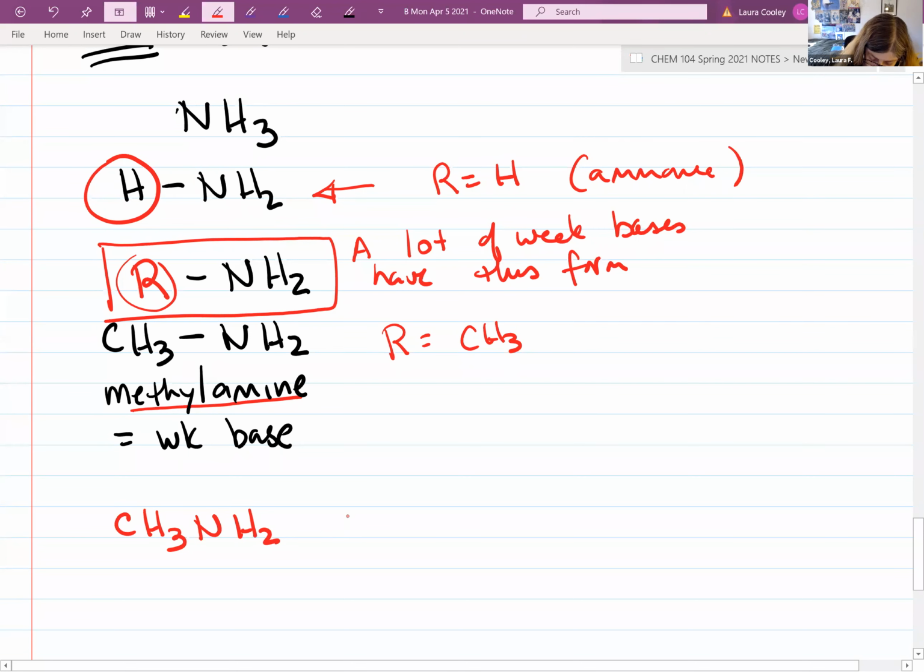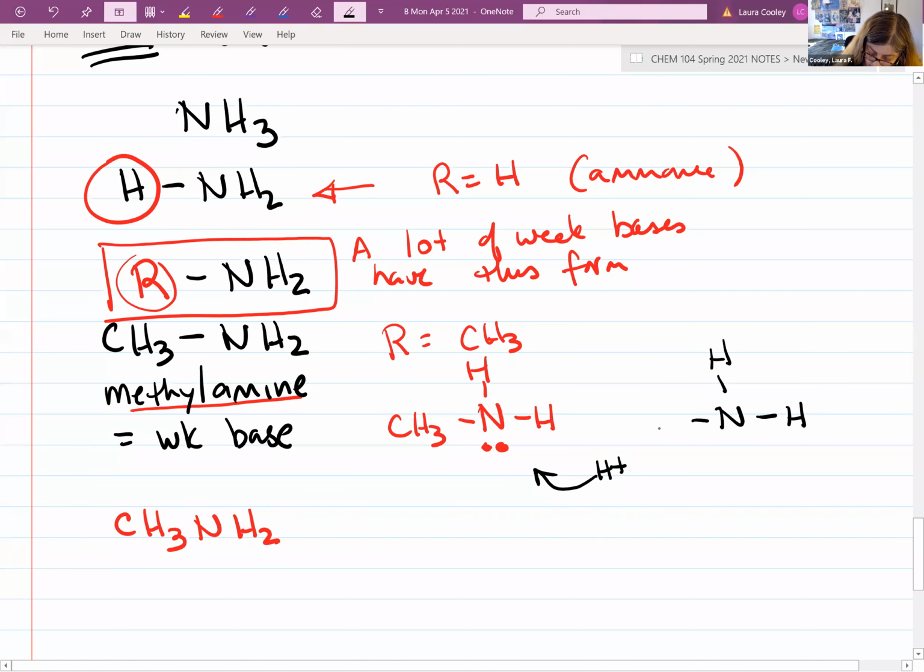What happens when it takes on another proton? Basically you have N with two H's and a CH3, and then you have a lone pair, and then a proton comes along, and you end up with this. So this is CH3NH3+.